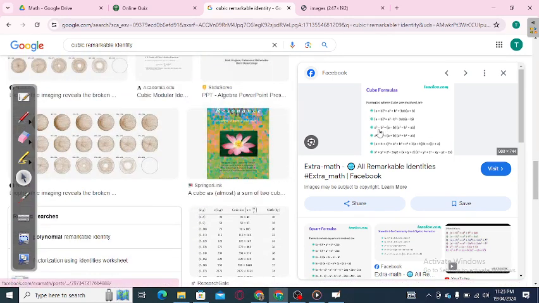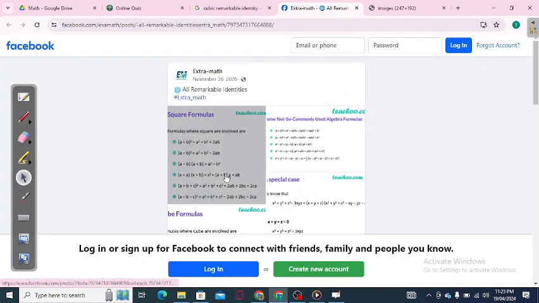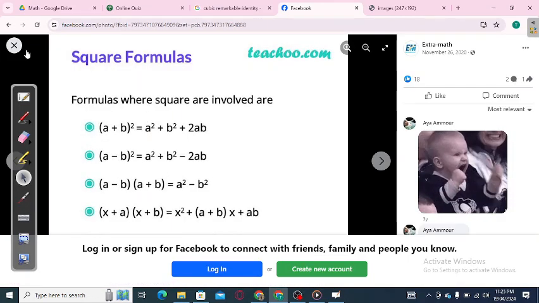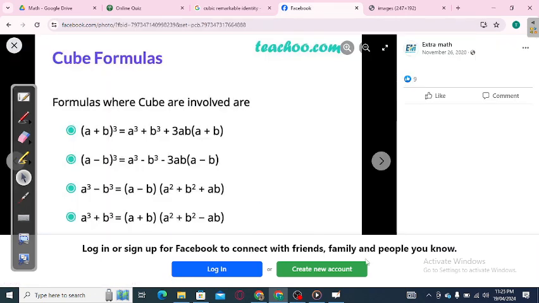If you can see it, this is the formula of the squares, and this is the formula of the cube. As you can see, they're two totally different formulas. This is just (a plus b) cubed, but more simplified.